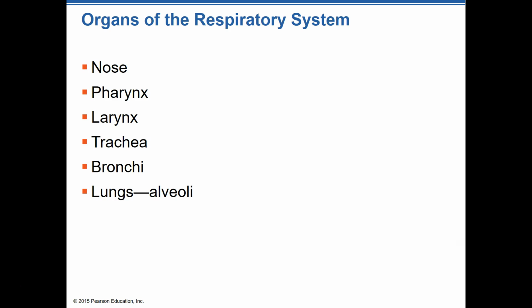So some terminology that we're going to use: of course, nose, that's a tough one. But also pharynx, larynx, trachea, bronchi, alveoli. The terminology of the respiratory system is referred to and used quite a bit when we talk about disease processes in specific training such as nursing or paramedic school.